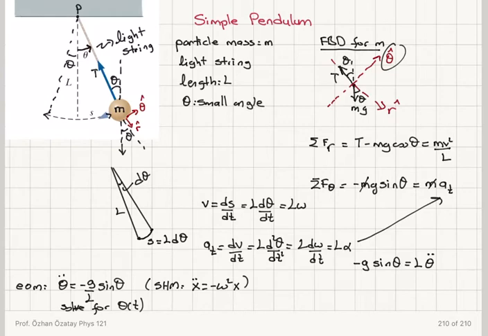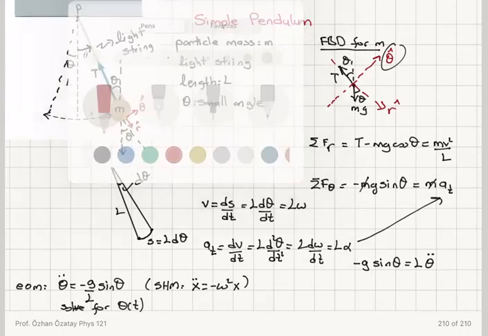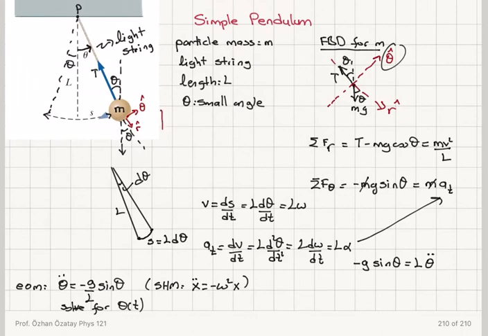But if the angle theta is small, a small angular displacement, then I want to look at how sine theta behaves for small angles. Well, sine theta usually favors expansion.